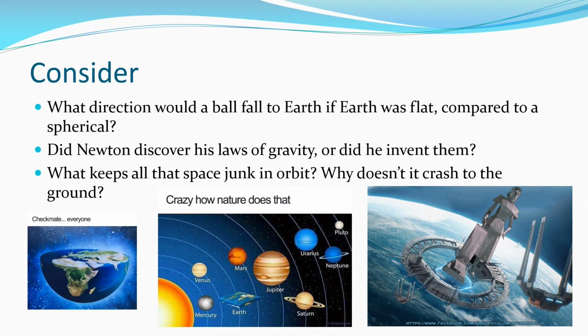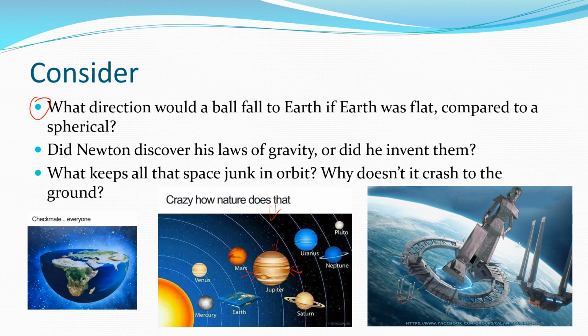So let's have a think. First point there. What direction would a ball fall to Earth if the Earth was flat compared to spherical? So you'd think on my little diagram in the middle here, on a planet like this, the ball would fall straight down no matter where you were on that globe there.